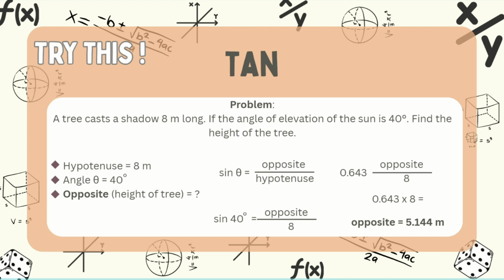So first we will input the angle, and next we will follow the formula, which is 0.643 equals opposite over 8. So now we will just multiply our sin and the hypotenuse, which equals 5.144 meters, which is the opposite.